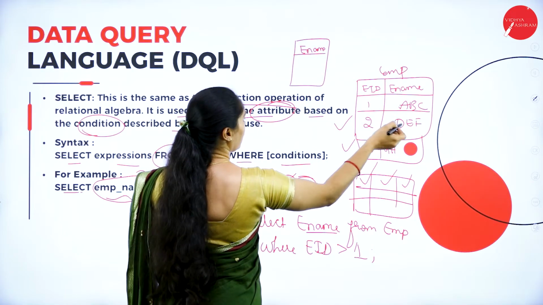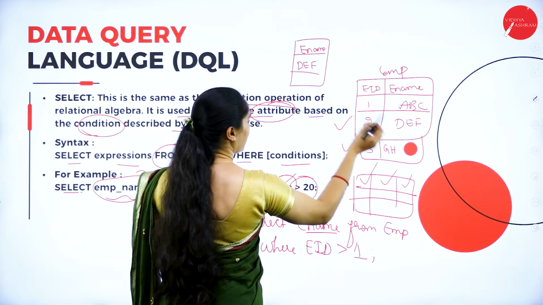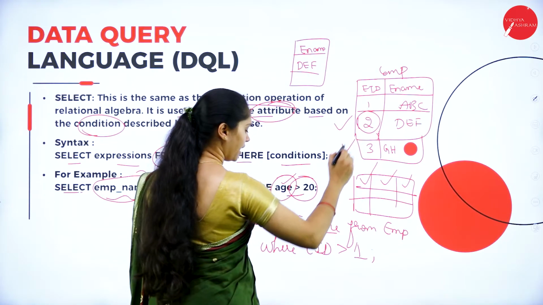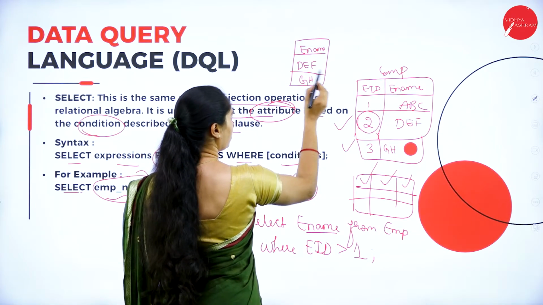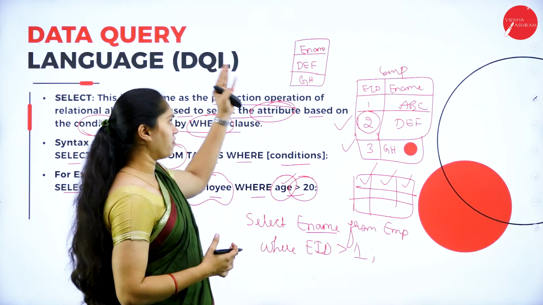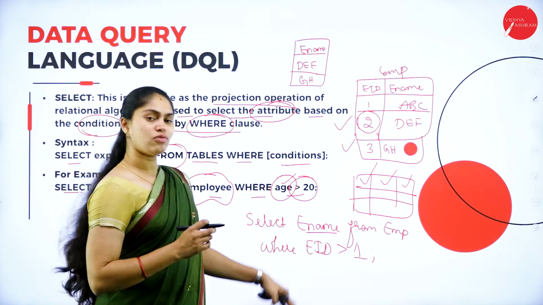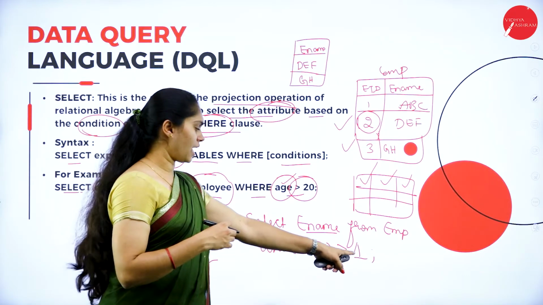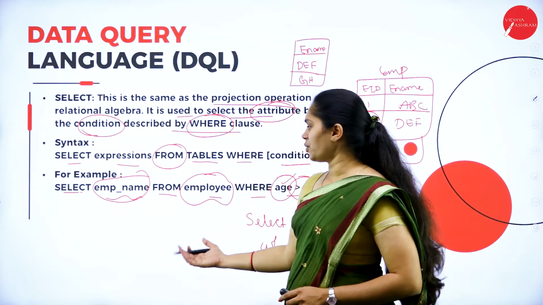That includes the employees DEF and GH, because their employee ID is greater than 1. So this is how the select statement will work. This is going to give a particular column along with a set of values. That set of values will be taken with the help of the where condition. This is how the select command works.